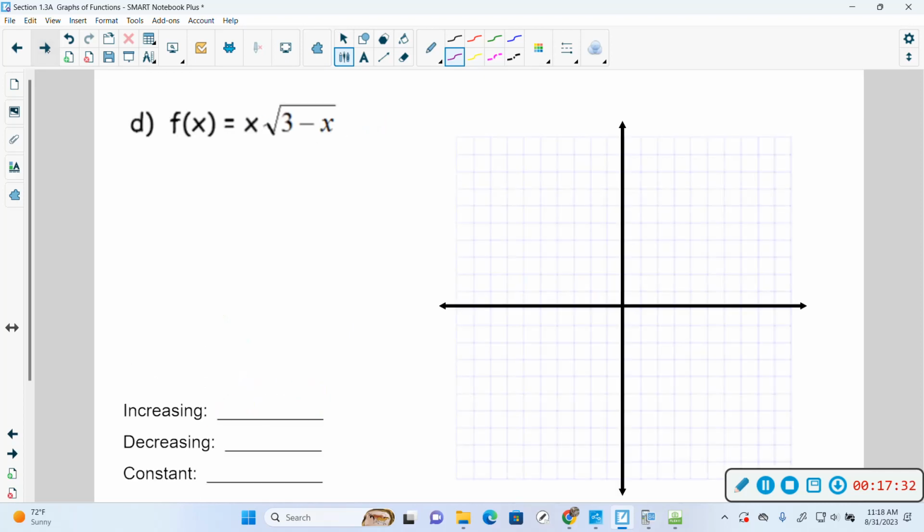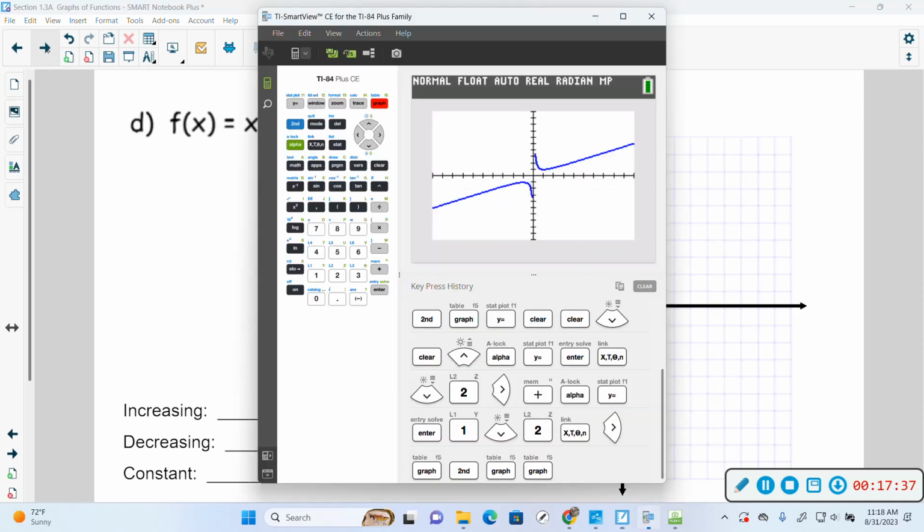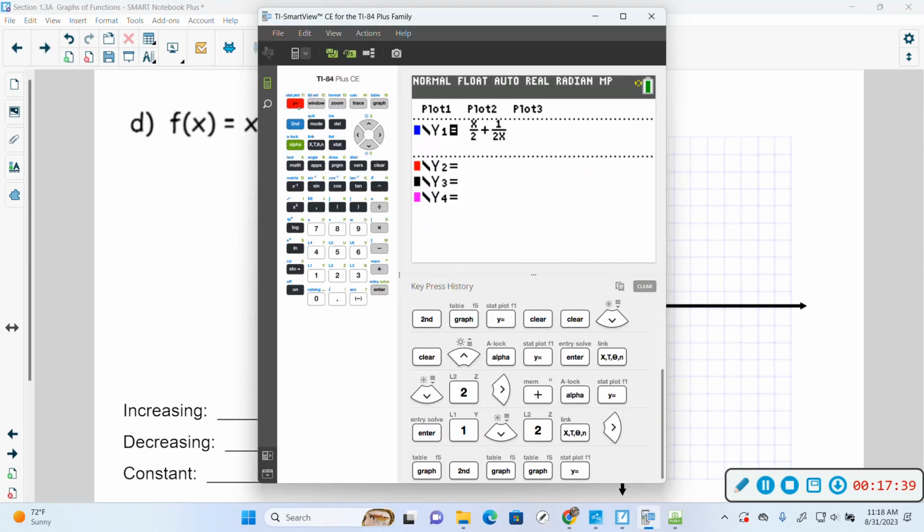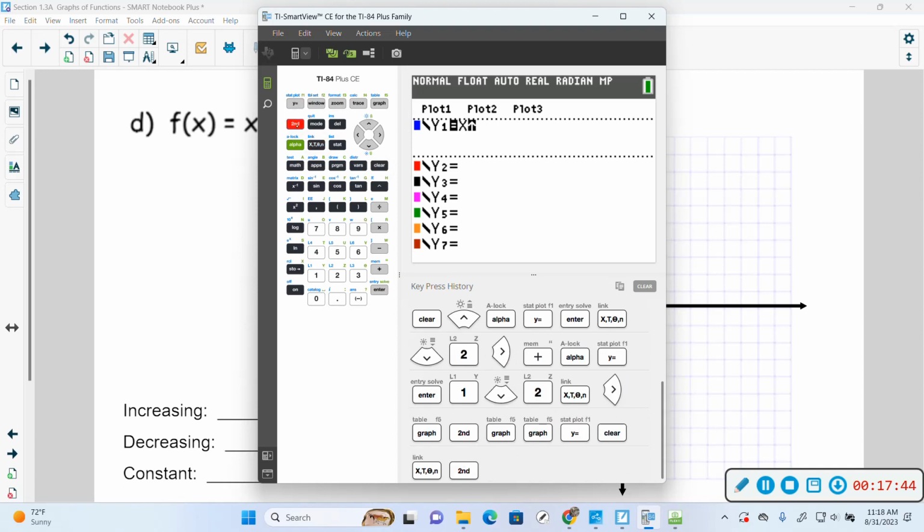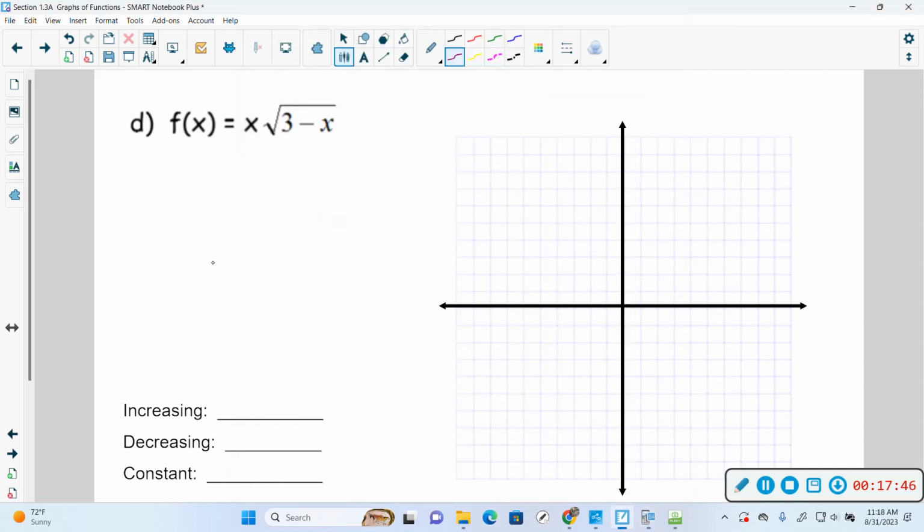All right, let's use your calculator. You don't have to draw it by hand, people. Clear this off. What is it, minus x?